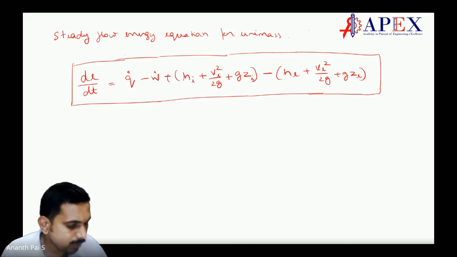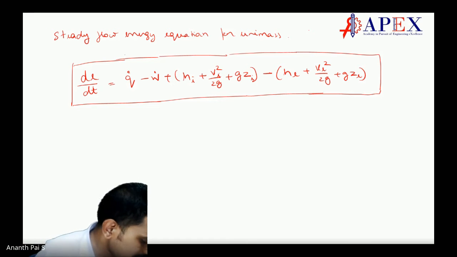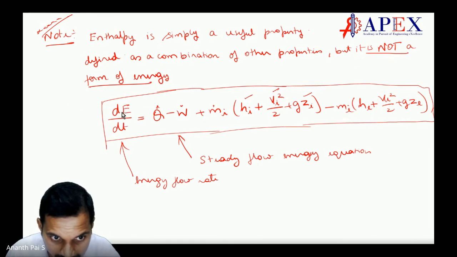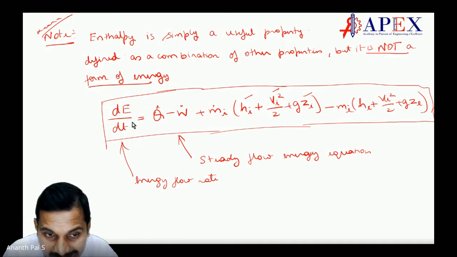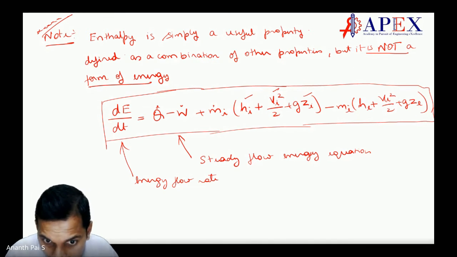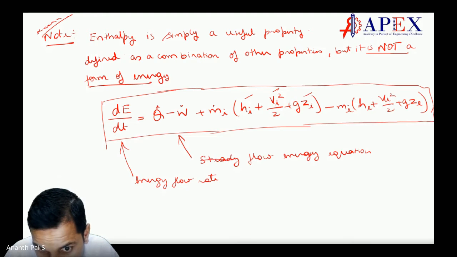Okay, now one of the things, wait a minute. This one is not a steady flow energy equation. Why? I'm very sorry, this is not a steady flow energy equation, because dE by dt is there. There is change in energy in the system. So not a steady flow. Major problem here.